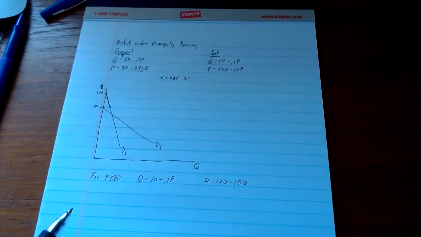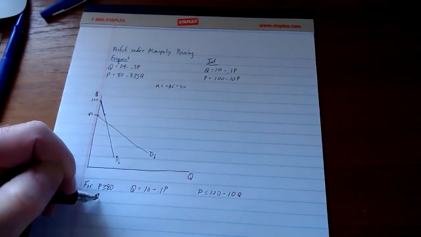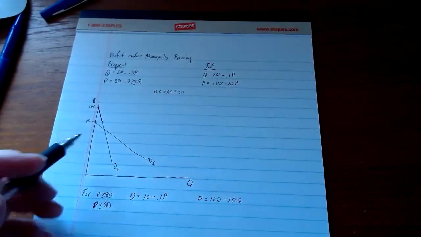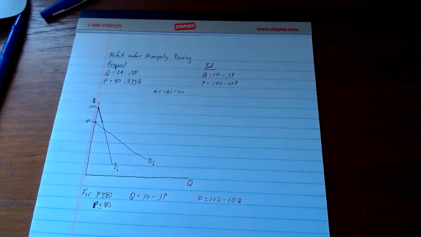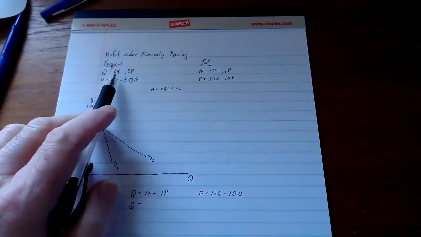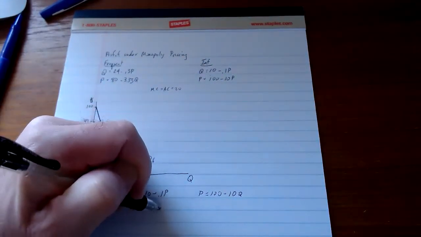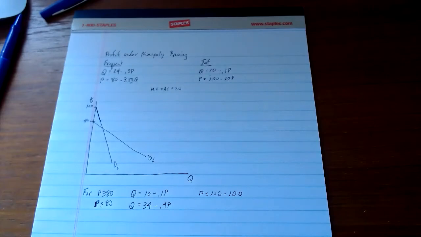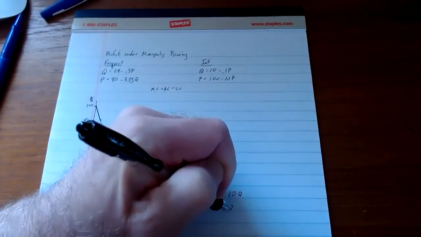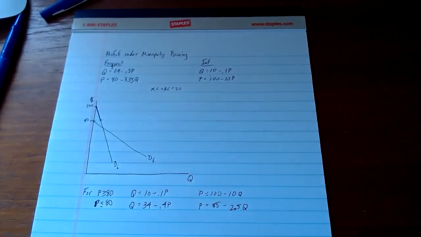And now what I need to do is to find the demand for price less than or equal to $80. It's going to be the sum of these two demand curves. So the demand is going to be that plus that, which is 34 minus 0.4 P. That's an inverse demand of 85 minus 2.5 Q. Okay.